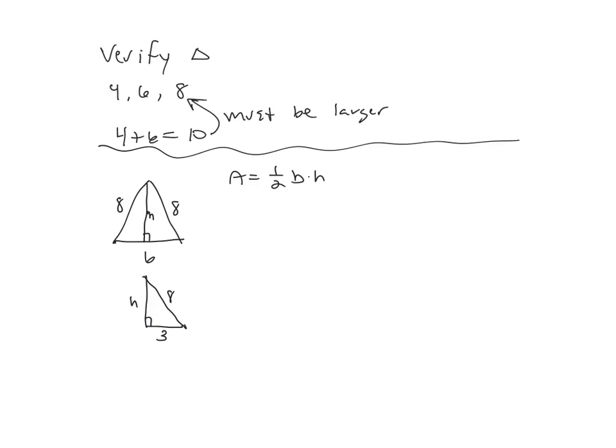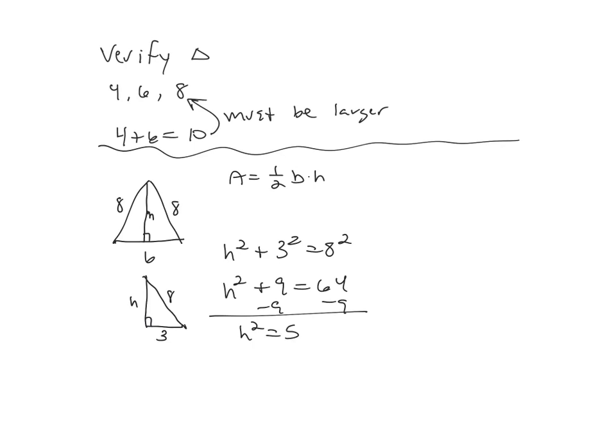Okay, and so then I would do H squared plus 3 squared equals 8 squared. And then subtract 9. And then H equals the square root of 55.